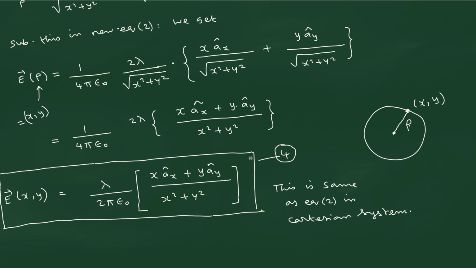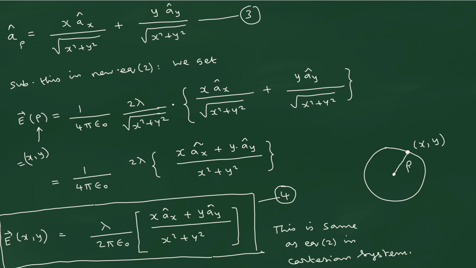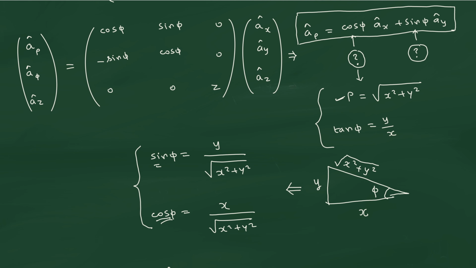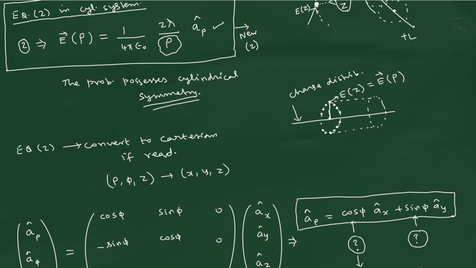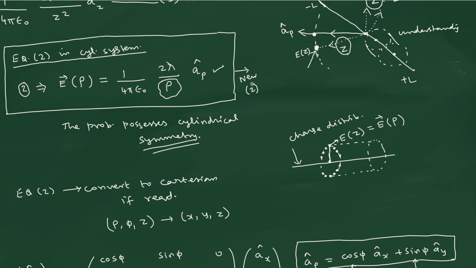So this analysis is very important. So what is that your understanding is very important. What are you understanding after doing all these things? Is that this equation, namely the new equation number 2, this one I am talking about. If you are going to write down in the cylindrical system, it appears like this.